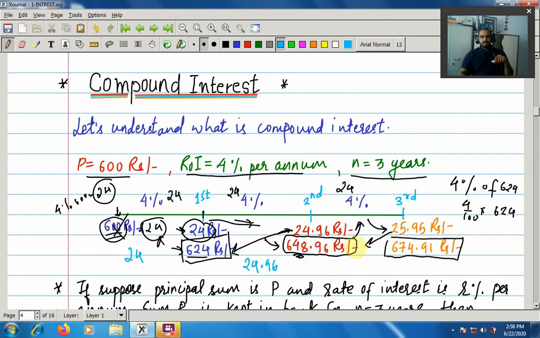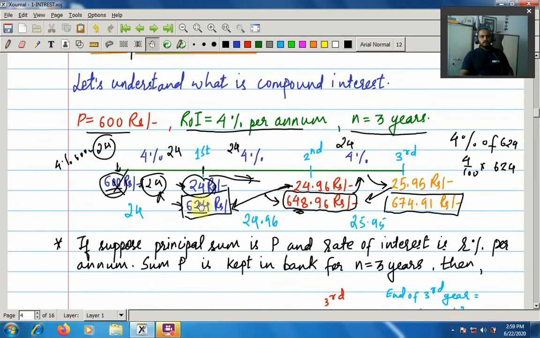The interest amount for third year is 25.95. This is the difference between simple interest and compound interest. Why is this happening? Because I am calculating interest on interest money. I hope this is clear to everyone.